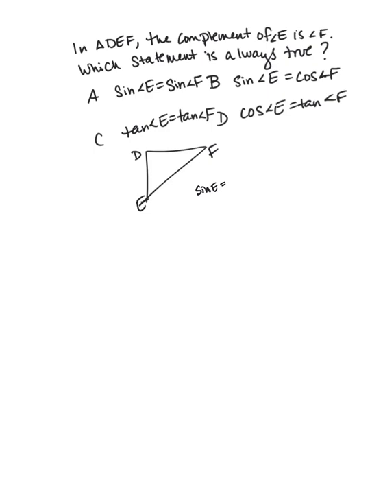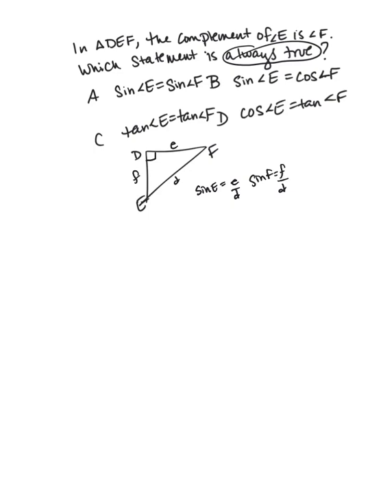I'll call this E, this F, this D, little d. The sine of E is E over D, but the sine of F is F over D. Those are not necessarily the same because we're saying always true. These words are key. This would be true if it were a 45, 45, 90 right triangle, but no one stated that it was.